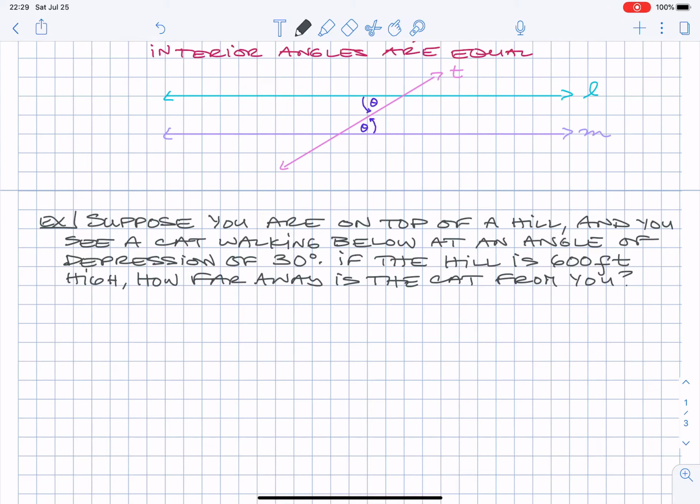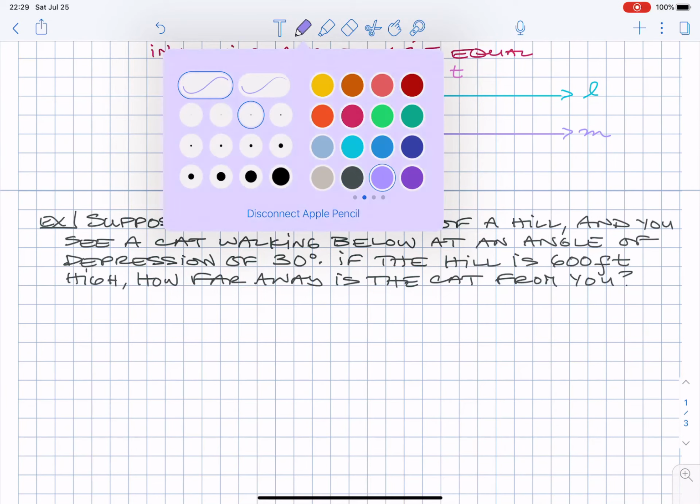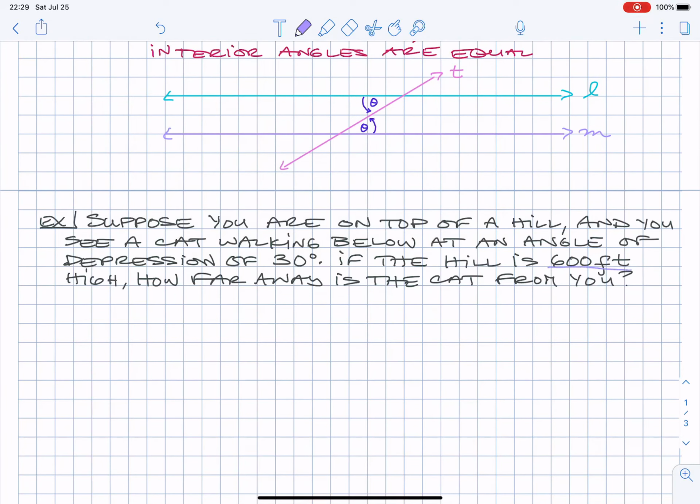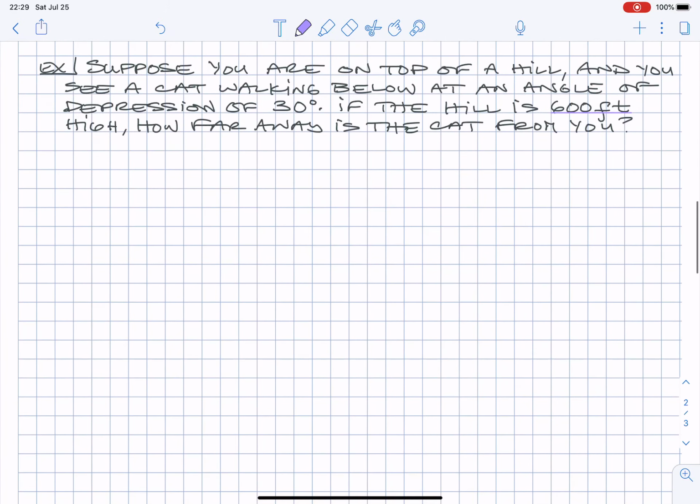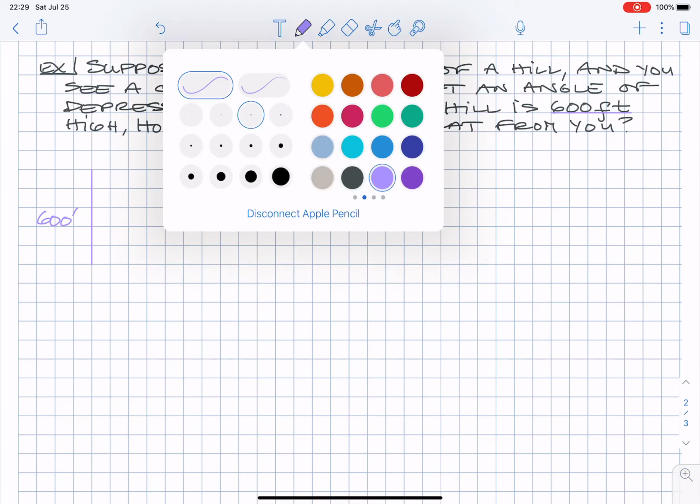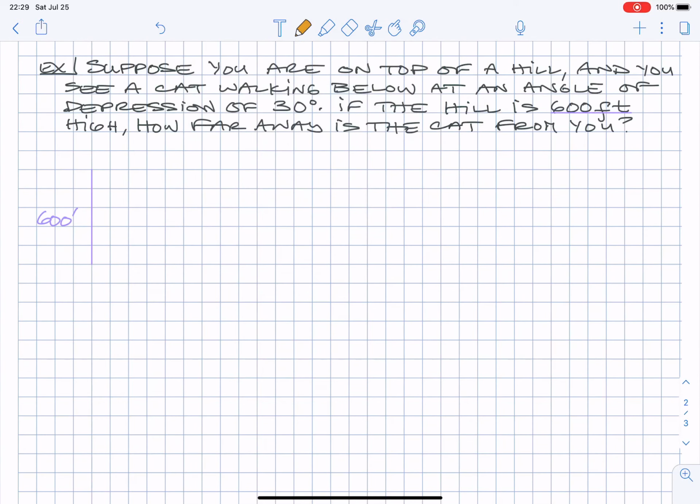Okay, so the first thing we want to do whenever we have word problems is highlight. So the first thing I know is 600 feet. 600 feet is how high the hill is. So I'm just going to go ahead and say, okay, so this is 600 feet. I know the angle of depression. Now first we need a horizontal.